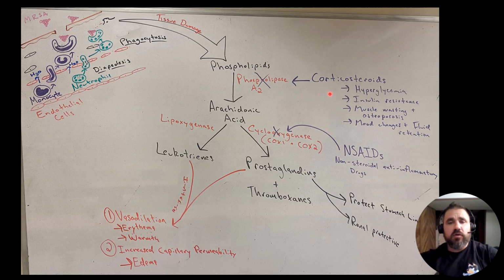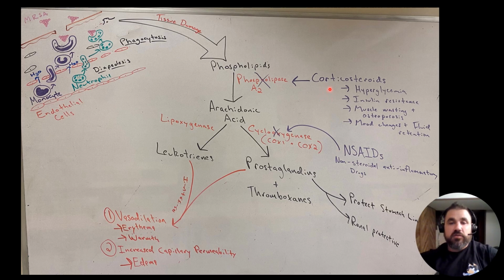So the downside of corticosteroids is you can't take them for very long because they can cause hyperglycemia, insulin resistance, muscle wasting, osteoporosis, mood changes, fluid retention. The other function of cortisol is what? It's a catabolic hormone. Go to the liver, release some glucose by breaking down glycogen, which is glycogenolysis. Take some amino acids from skeletal muscle and go through gluconeogenesis and make more glucose.